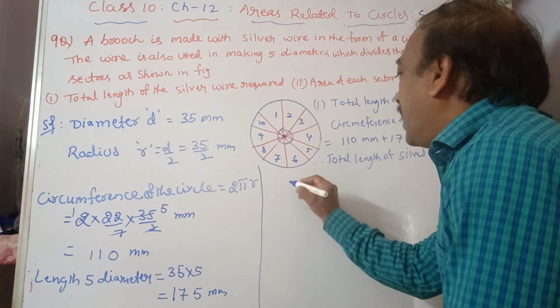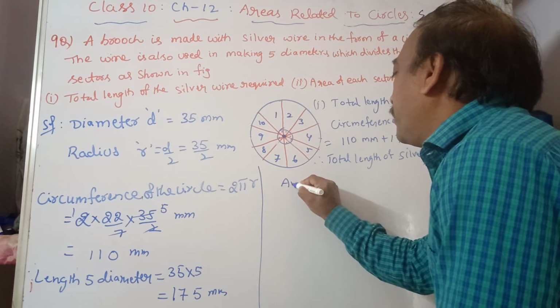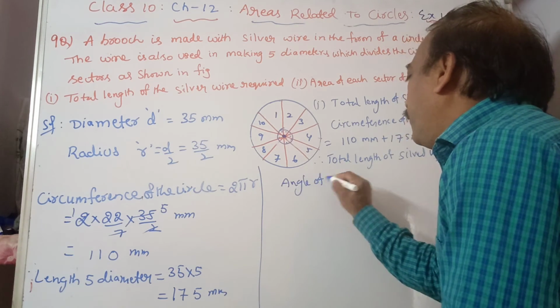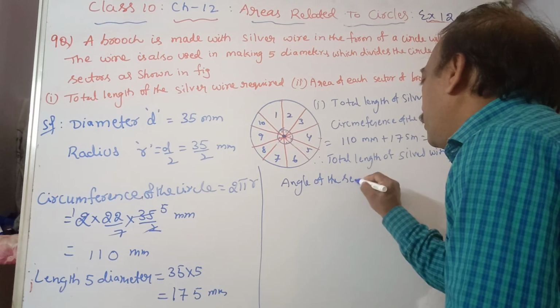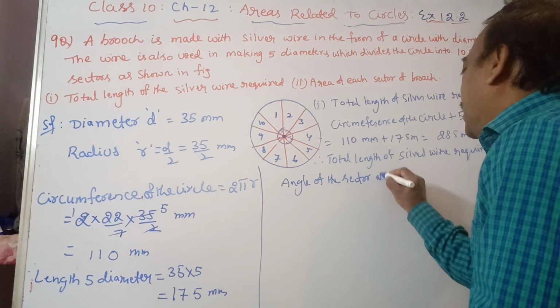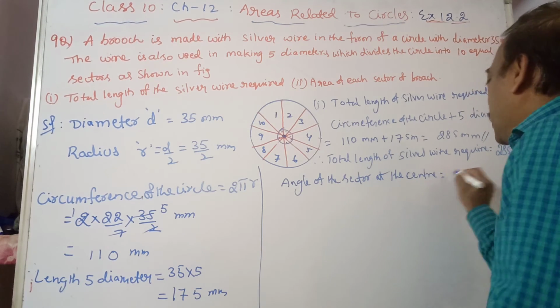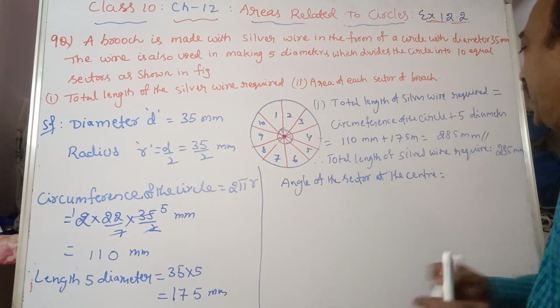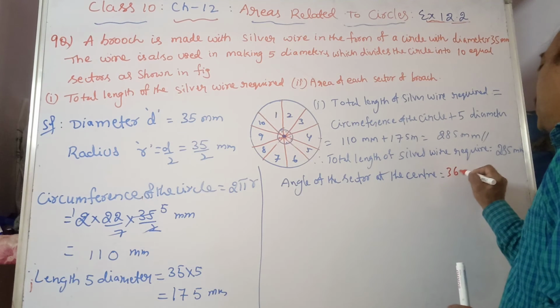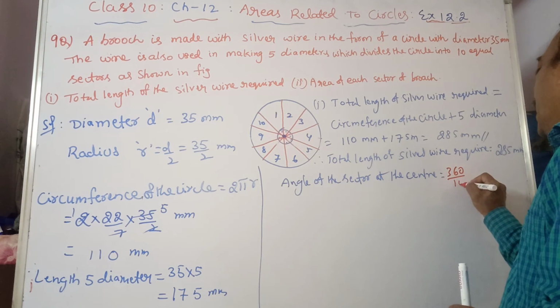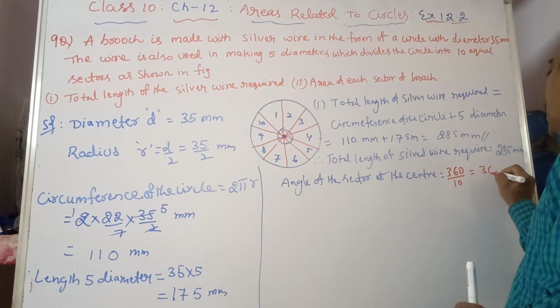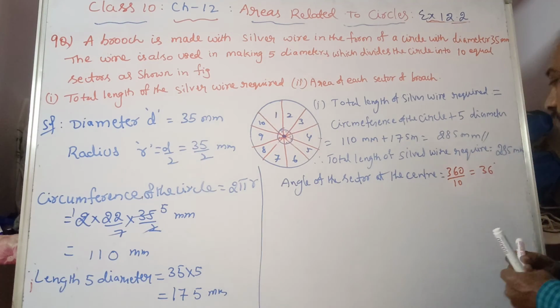So second question. Angle of the sector at the center is equal to 360 divided by 10, which is 36 degrees. This is the angle of the sector.